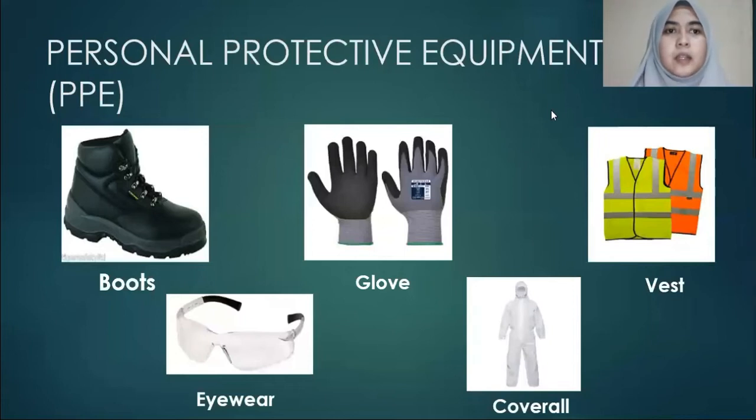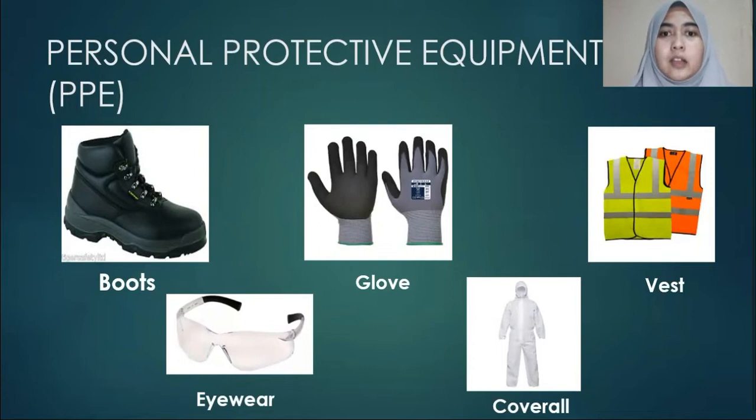In this company, the PPE or personal protective equipment needed in the working environment is boots. It is to avoid slipping in the work environment near the machine, because it uses a lot of lubricant during the milling process.